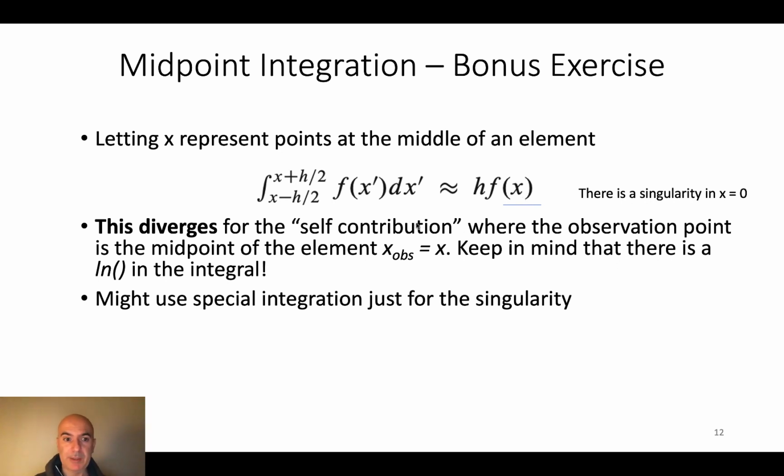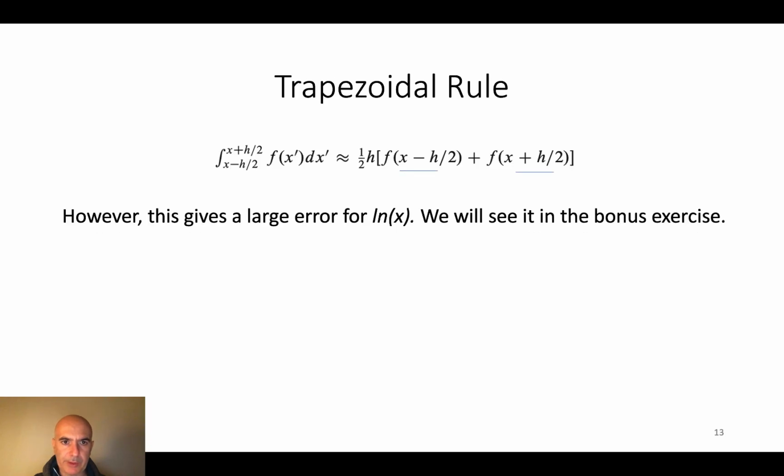So keep in mind that there is a logarithm in the integral. So if this f is a logarithm, then this part will diverge. So we will need to take care of the point x equal to 0. We could use this technique on our domain, except for x equal to 0, where we know it is going to be minus infinity. So you might want to use this, but then take care of x equal to 0, which is going to diverge.